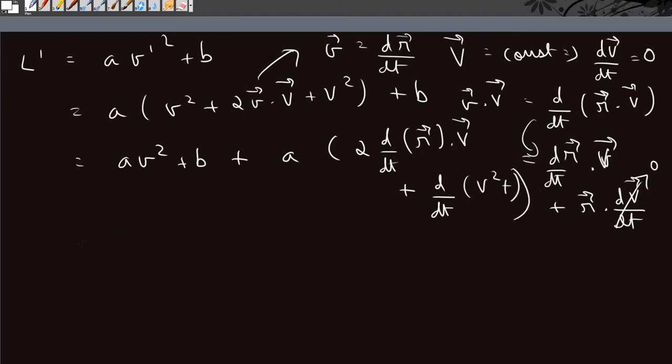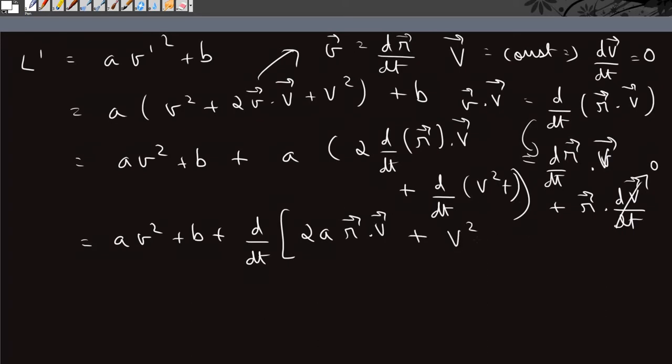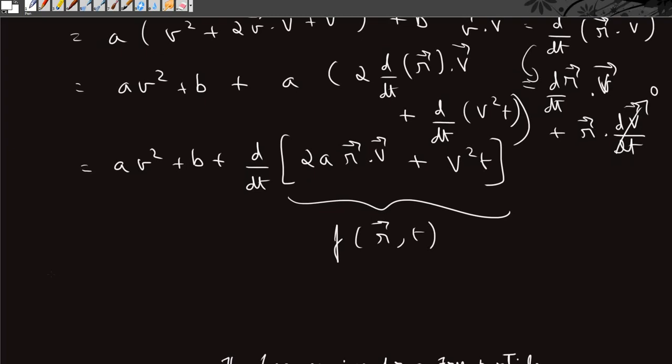So this means I have L dash equal to A V square plus B plus d by dt of 2A r dot v plus v squared times t. So I can consider this as a function of r and t.